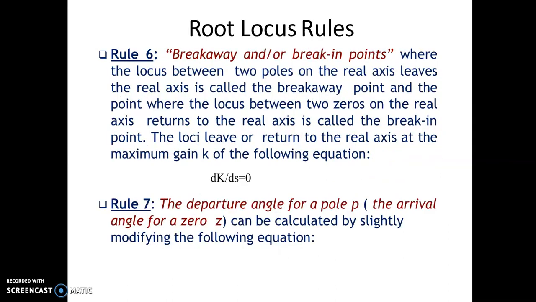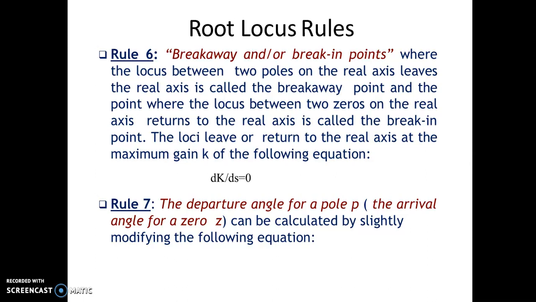Rule number 6 is breakaway or break-in points. Generally, breakaway points exist between two poles and break-in points exist between two zeros. These can be found by using the simple formula dk by ds equal to 0.